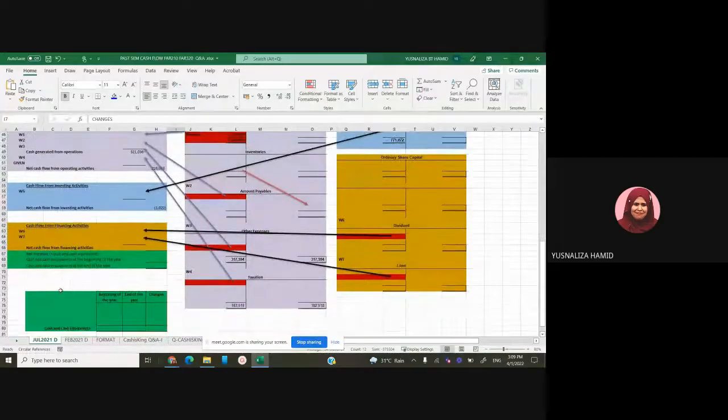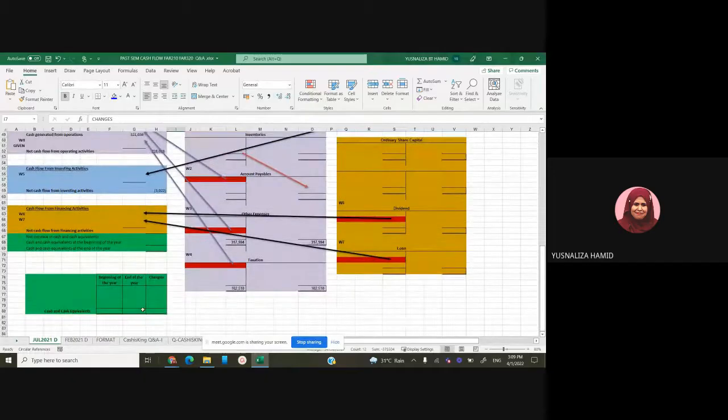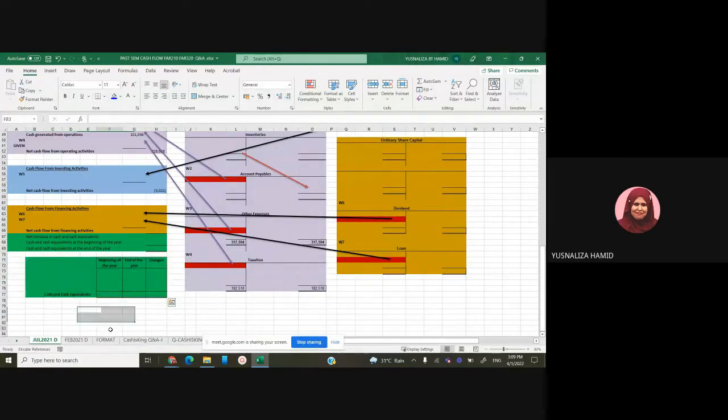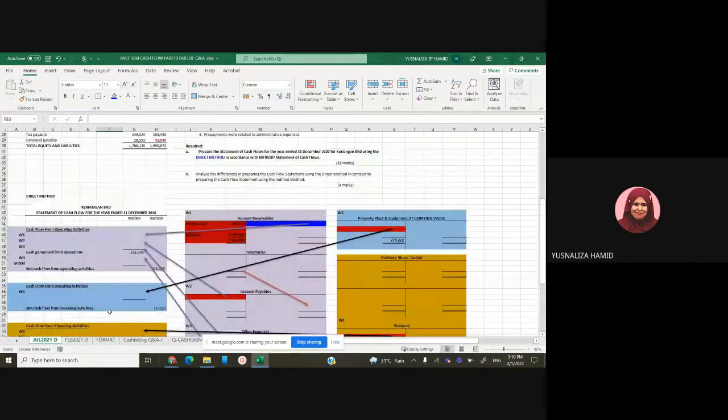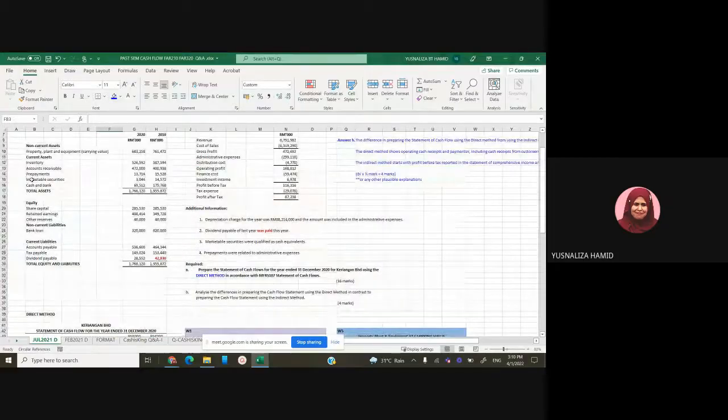Okay, what I will do now is straight away prepare the template. I've done that together with the cash and cash equivalent template as well. You can see at the bottom here, this one is the cash and cash equivalent template. After you have done that, you can now find out what your cash and cash equivalents are.